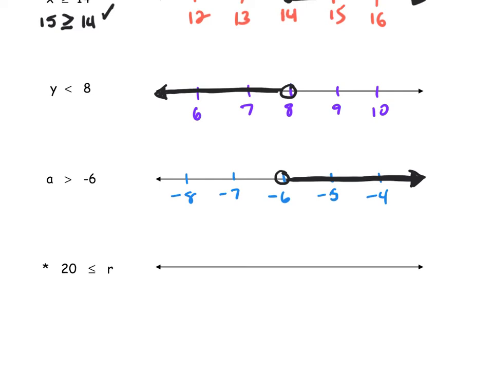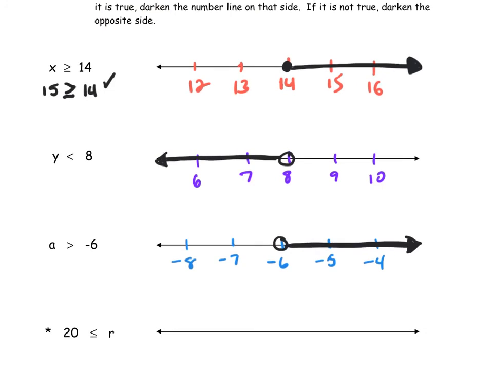All right, very last one. You're going to notice I put a star, and this one's a little bit tricky. Some of you may have noticed a pattern as you look at the inequality sign and the graph.